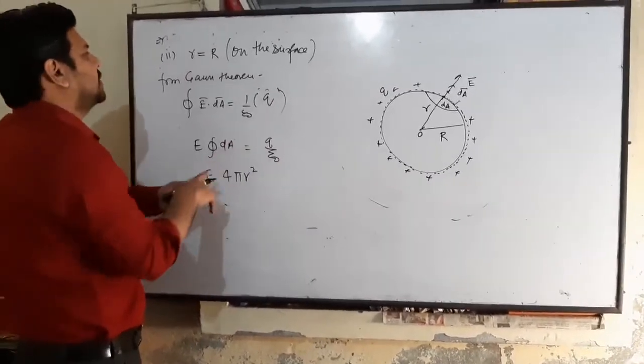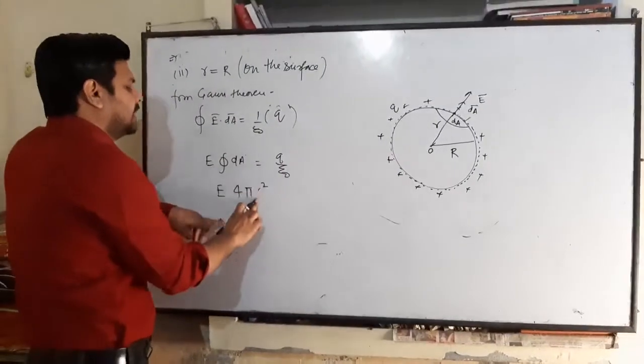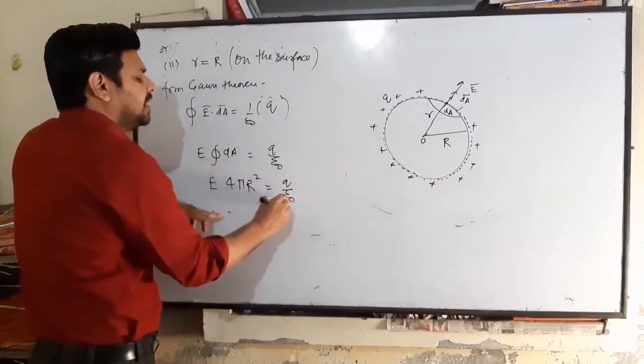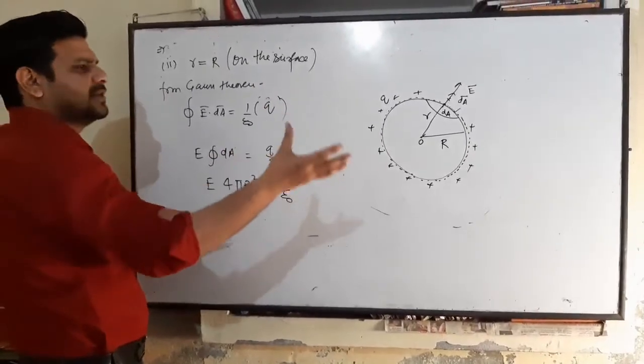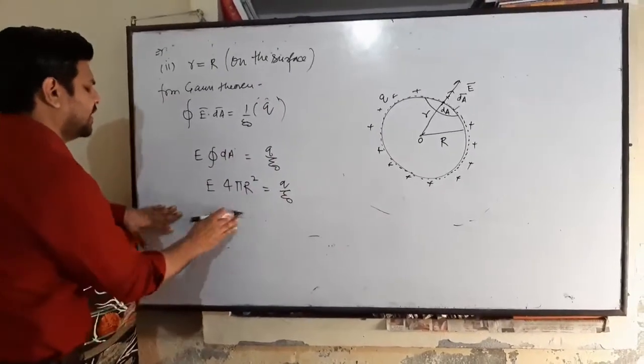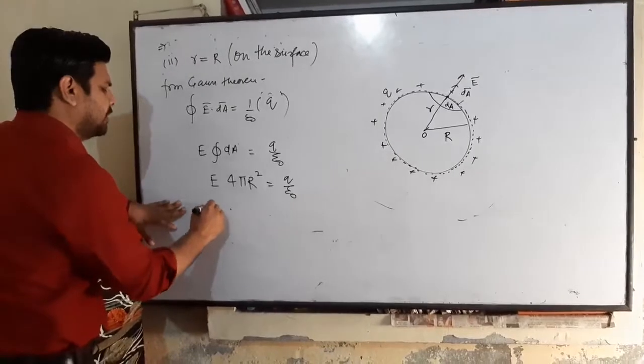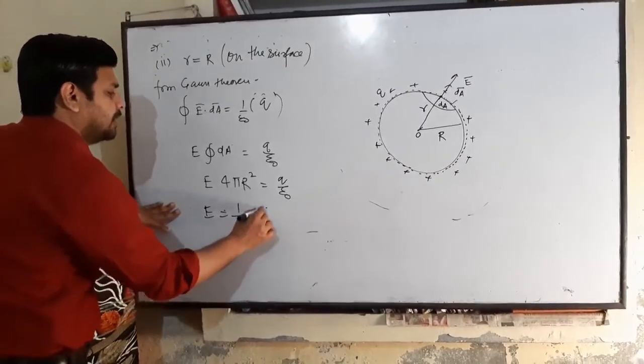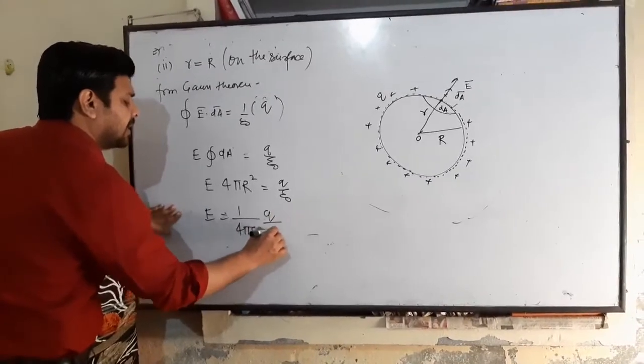In this situation, small r is equal to capital R, so we can put here capital R. The surface area for the spherical shell and the Gaussian surface will be the same. E is equal to 1 over 4 pi epsilon naught, Q over capital R square.